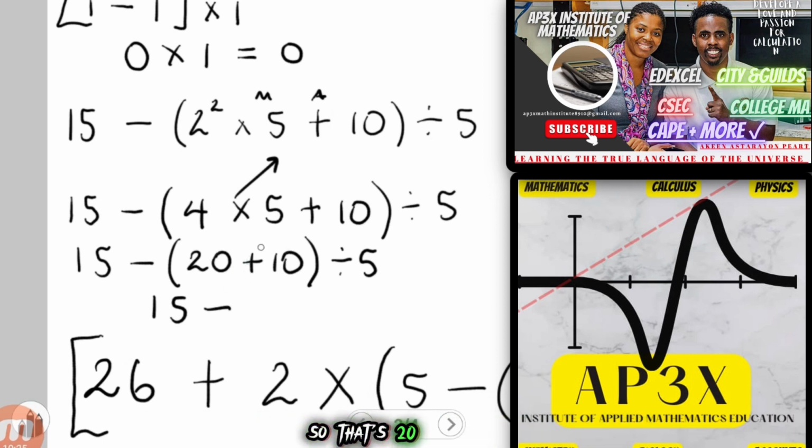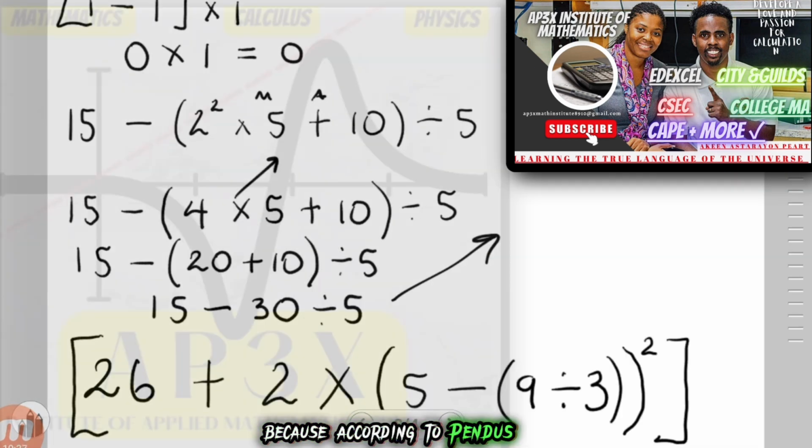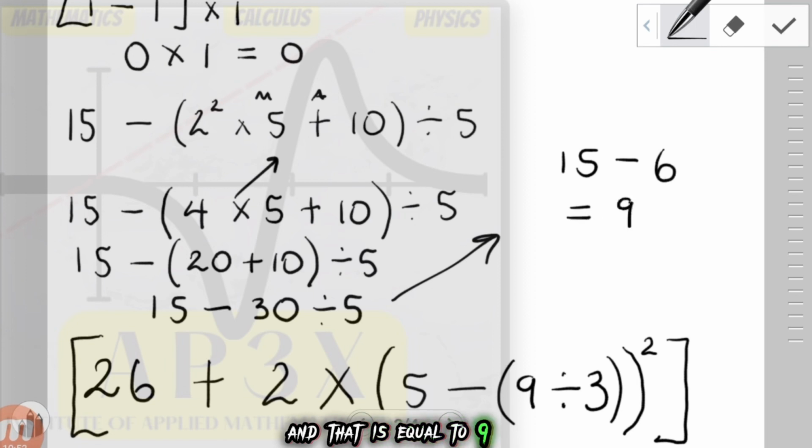So that's 20 plus 10, that's going to give me 30 divided by 5. Beautiful. Next we move on to the division, because according to PEMDAS, as you would have seen in the introduction of this video, division appears before subtraction. So we're going to rewrite the 15 here, and we're going to say 30 divided by 5 is 6, and that is equal to 9.